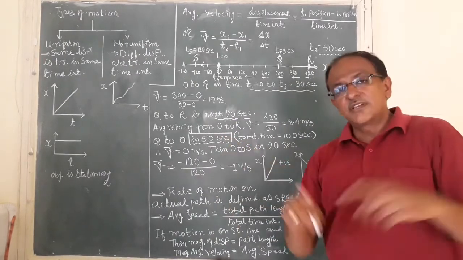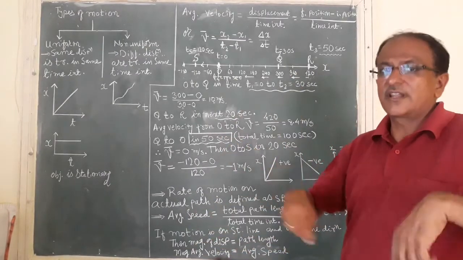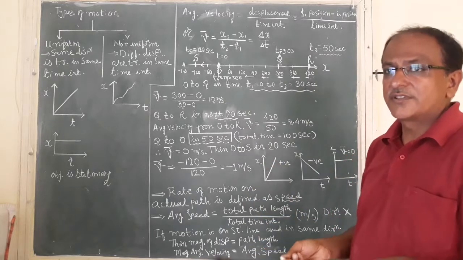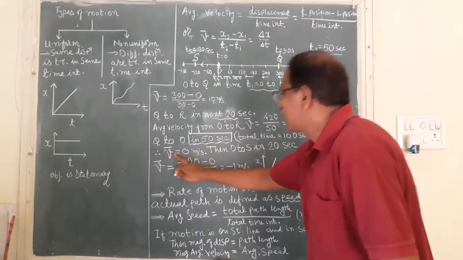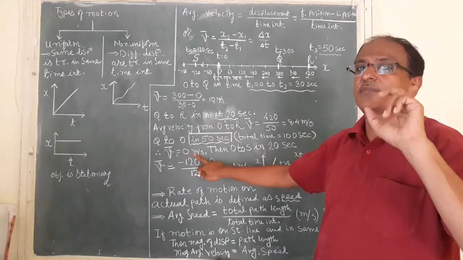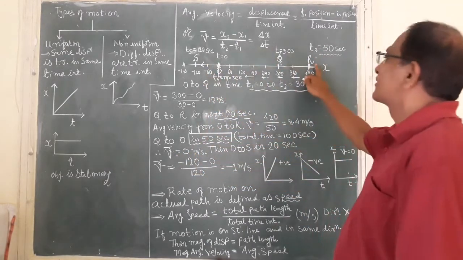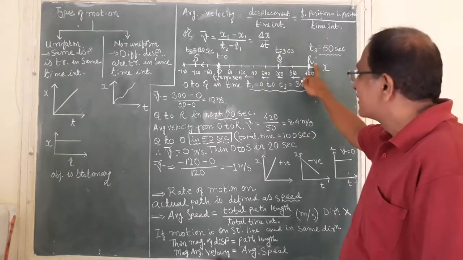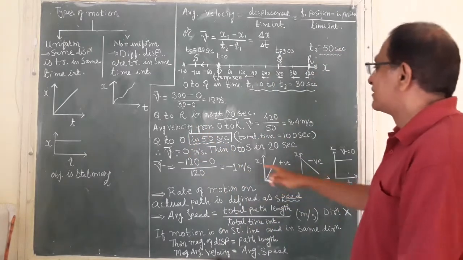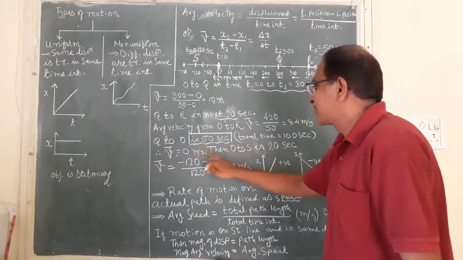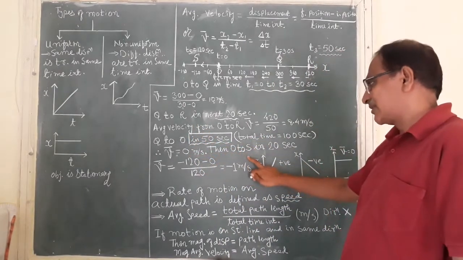So no change in position, so the change in position is 0. So average velocity will be 0 meter per second. So in 100 seconds it goes to R, comes back to O. So 0 meter per second will be its average velocity.